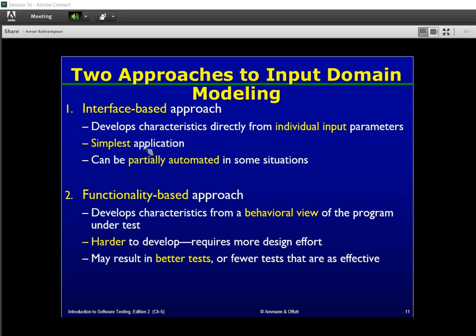So this approach could be done easily, could be automated, and could be done mechanically. But in the functionality-based approach, we need to know more about our parameters, and in this approach, we should consider some characteristics about the behavioral view of the program.